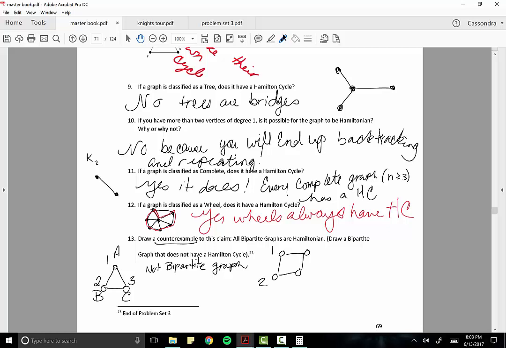It is bipartite because it is only 2 groups. Here is a tree graph. Tree graphs are all bipartite. Here is your counterexample. It is a bipartite graph, and it does not have a Hamiltonian cycle or Hamiltonian path. Hopefully that helps with that review.